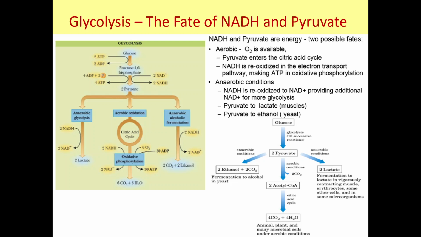If oxygen is in abundance, aerobic oxidation would be carried out by using the pyruvate and NADH produced earlier, and if oxygen is not sufficient, anaerobic glycolysis and anaerobic alcoholic fermentation would be carried out in the further processes.